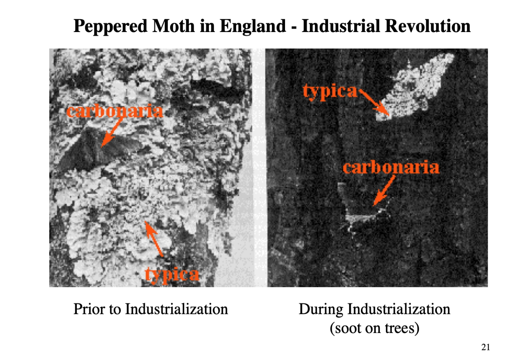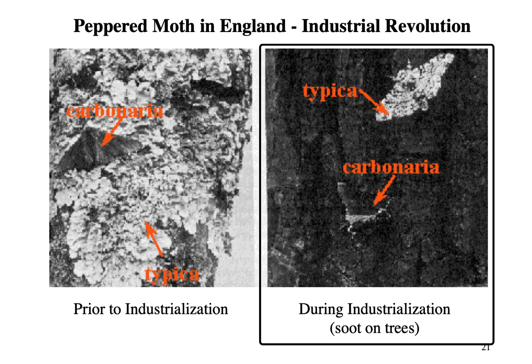The black type was just a mutant that was quickly found and devoured. However, during the Industrial Revolution, there was a lot of soot on the trees from the industry pouring out all sorts of black carbon smoke.